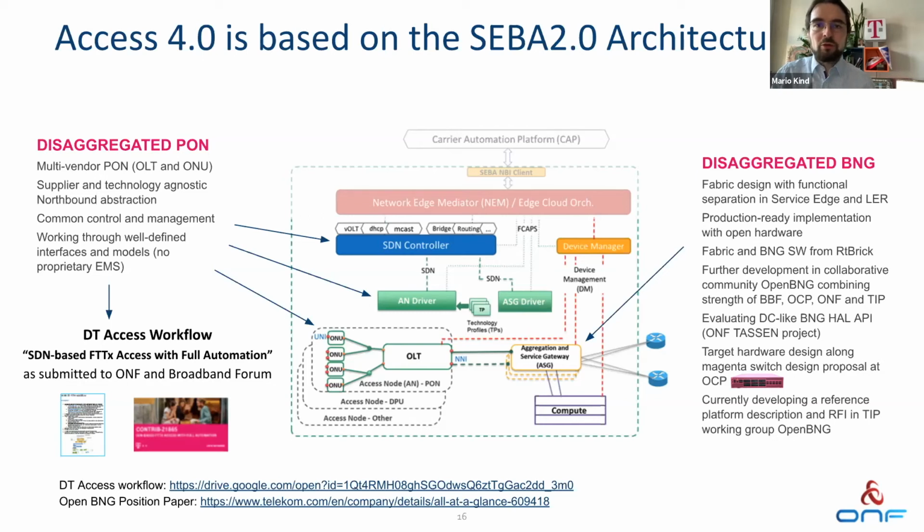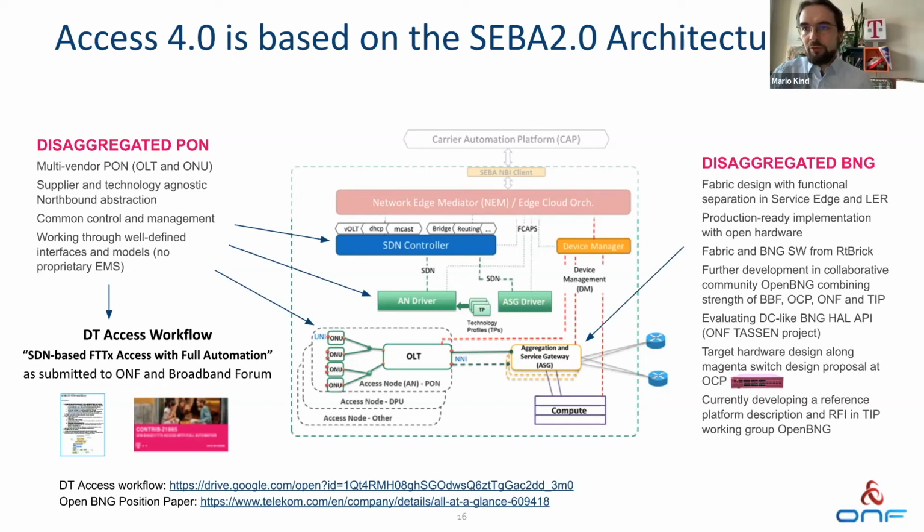This is also implemented with full automation and available as a workflow on the one hand in ONF, but also on the other side in the Broadband Forum, the standardization organization for the access network. So this is one big block which is very much based on SEBA, and on the other side are the activities around the BNG.